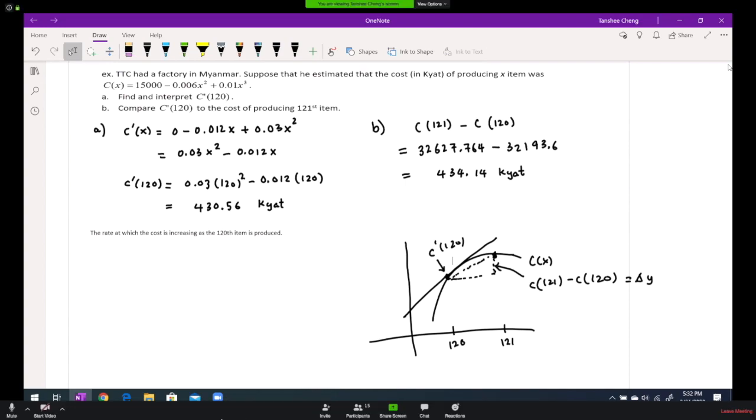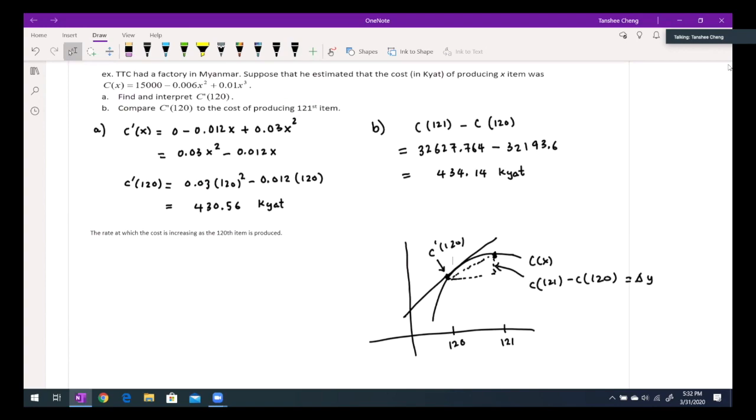But the rate of change in part A gives us an idea for part B. Producing from the 120th to the 121st item, what is the cost going to be? The rate of change at the 120th item is already telling me that it's increasing around $430.56, so we can expect that much.